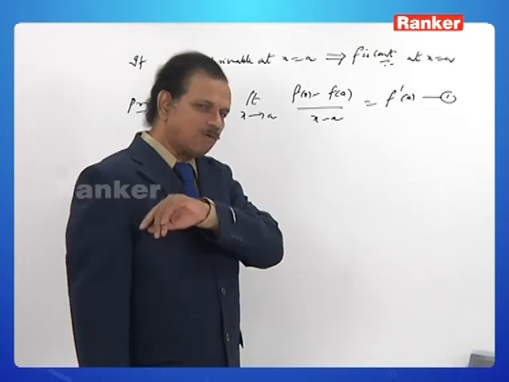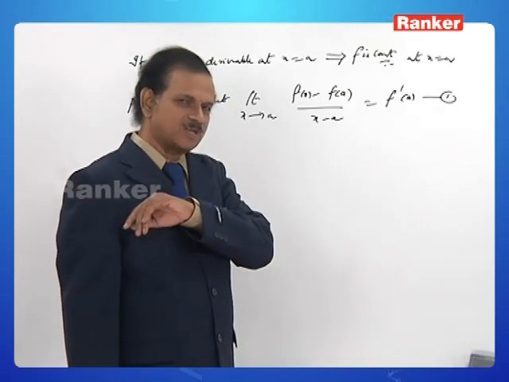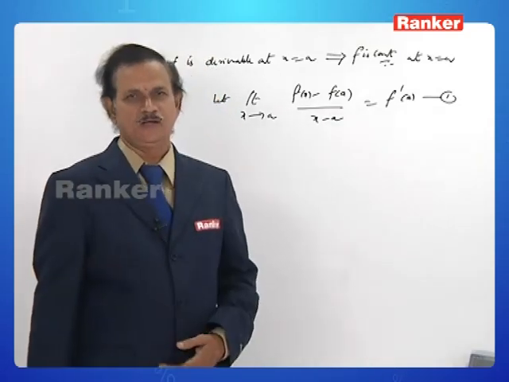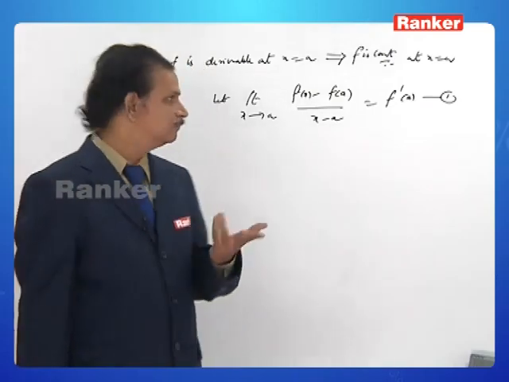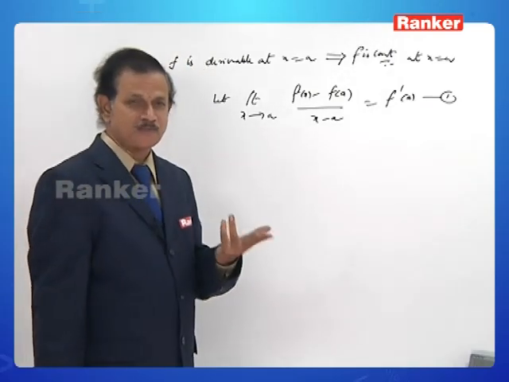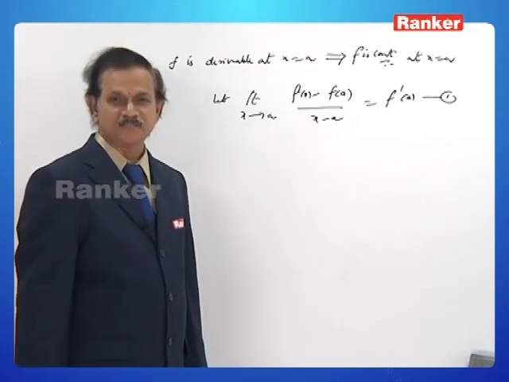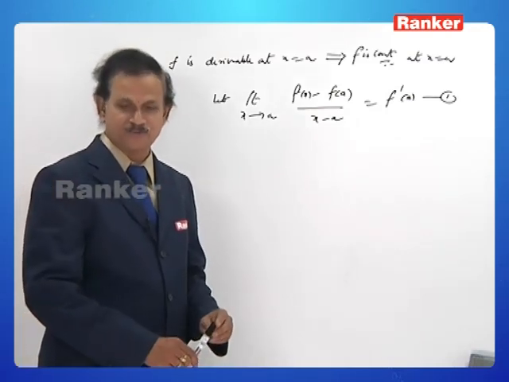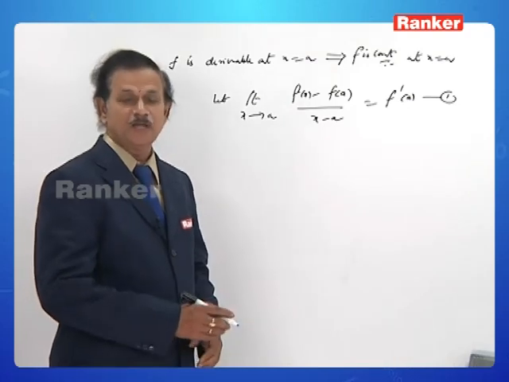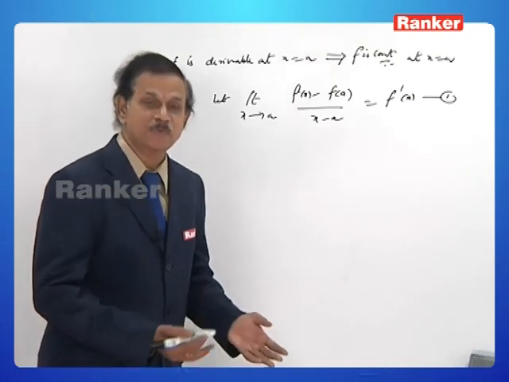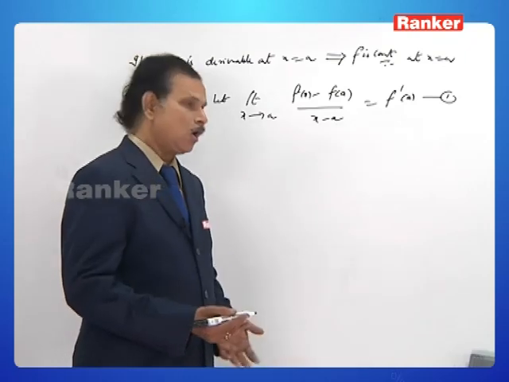You recollect all the three conditions which are required to say that f is continuous at x equal to a. f of a must be defined, of course; otherwise you cannot use it here. Number two, the limit as x tends to a of f(x) exists. And number three, the limit of f(x) must be f(a).